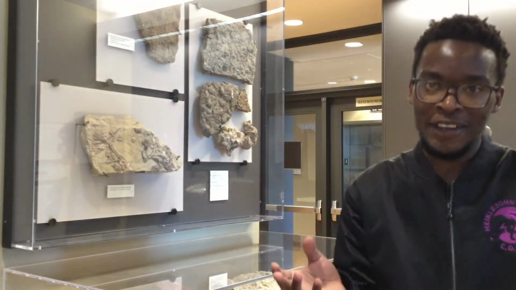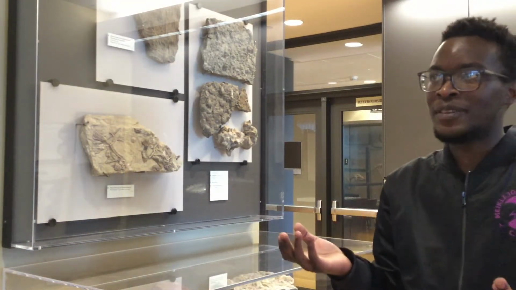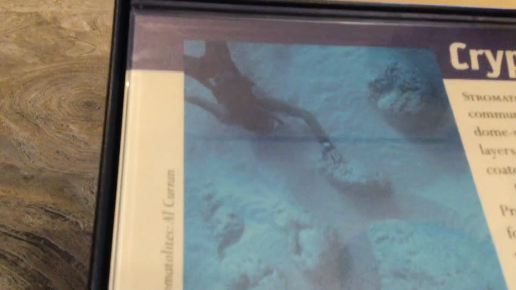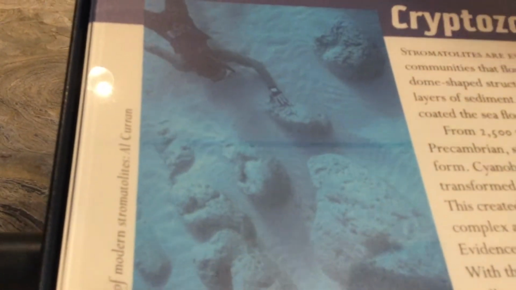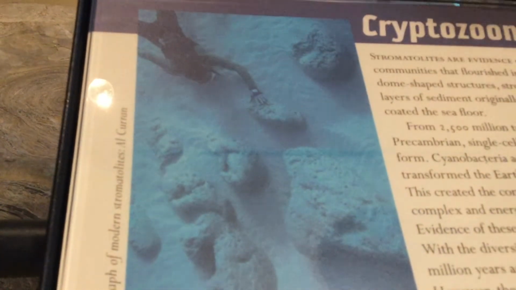And also a cool fact before I sign off: you might be thinking, oh, maybe like the dinosaurs, these cyanobacteria went extinct and they're just a thing of the past. But actually, these cyanobacteria still exist today. So follow me back to our old fossil, and we're going to talk about a picture that we can see here. If you look closely, you can see a sea diver holding a rock, and there's sand in between with ripples.